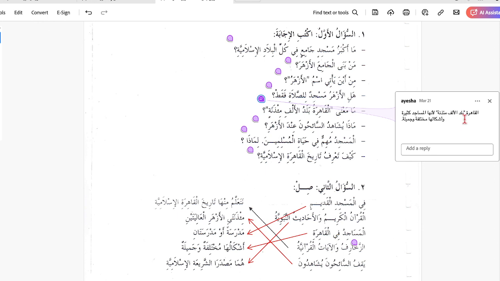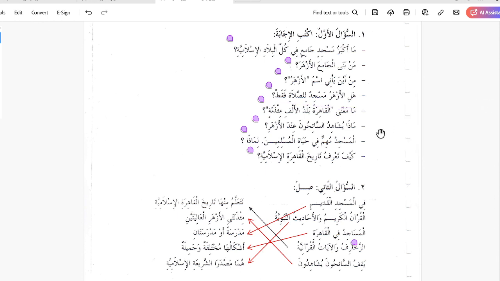We call it so because it has many mosques of different shapes, which are very beautiful. Maza yushahidu saihuna indal azhari. What do the tourists watch near the Azhar?